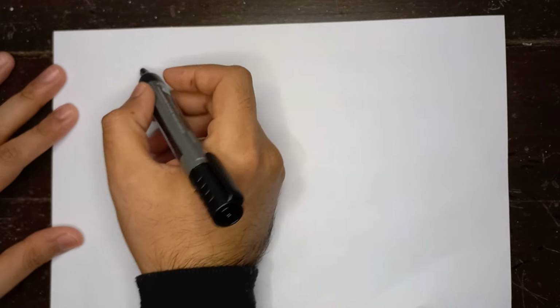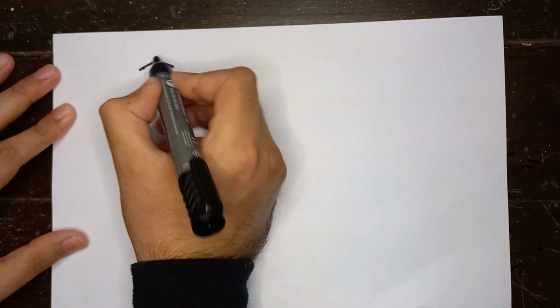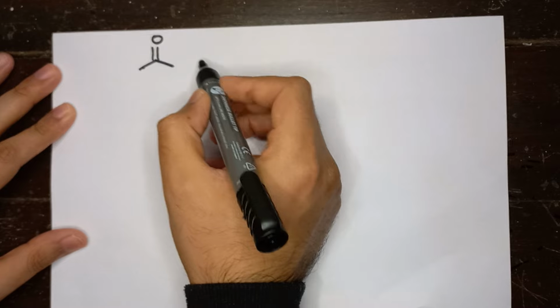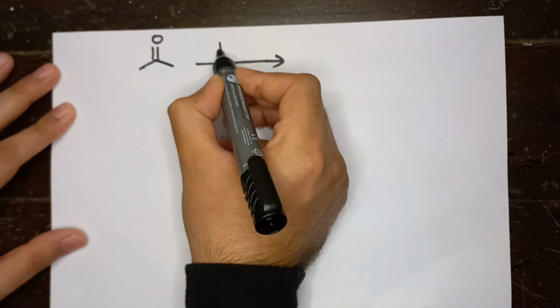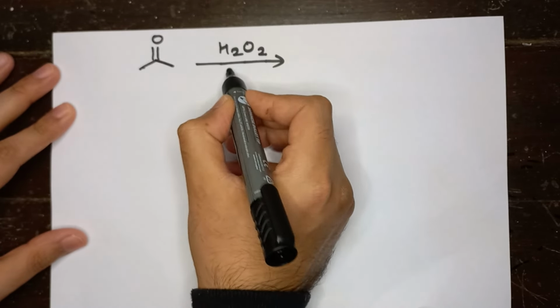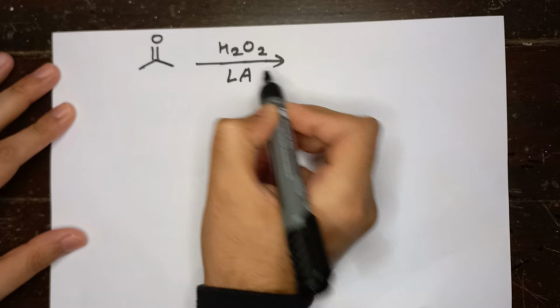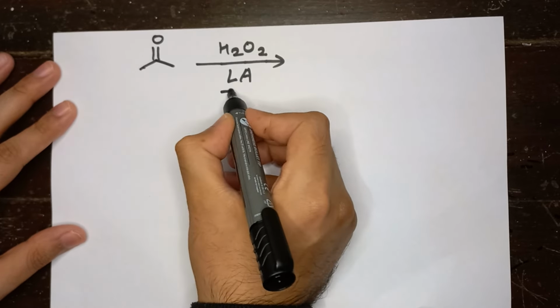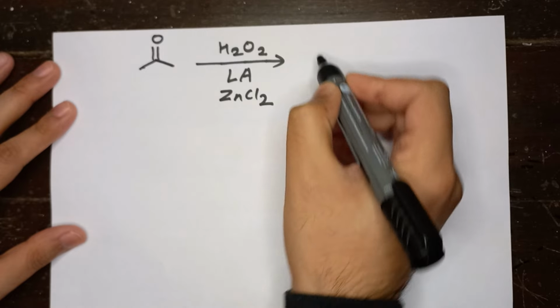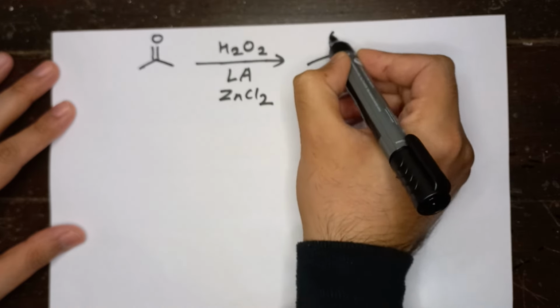Okay, so we have acetone. We have hydrogen peroxide with a Lewis acid. So for example, I'm taking zinc chloride, right? And we are getting ester.